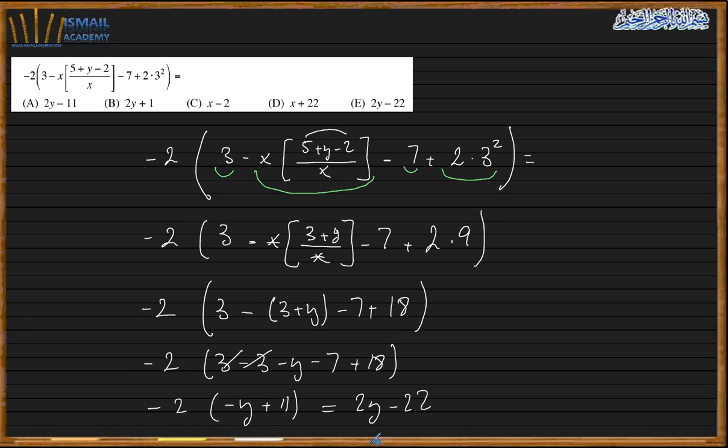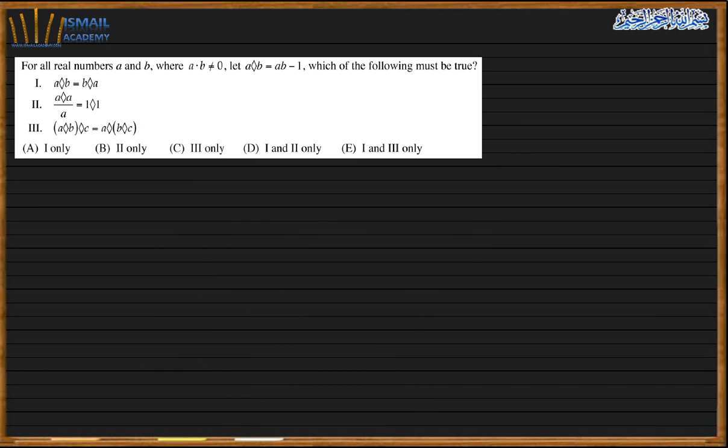Next, remember A and B, where A times B is not 0. We have A diamond B is A times B minus 1.